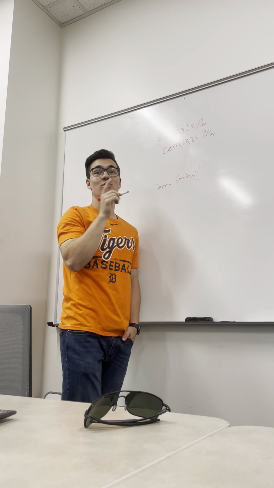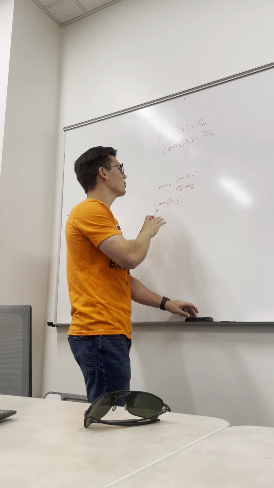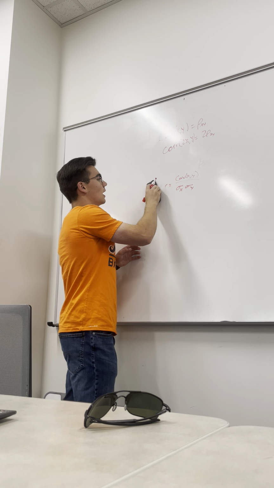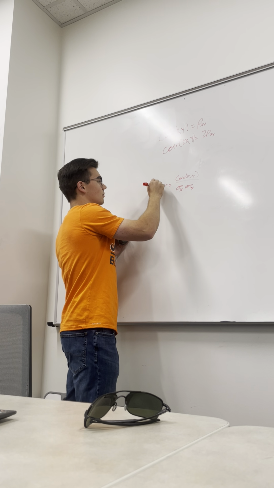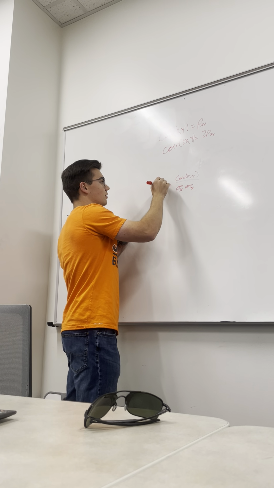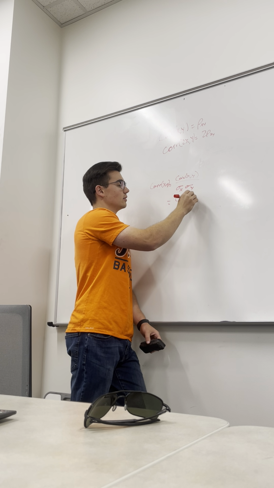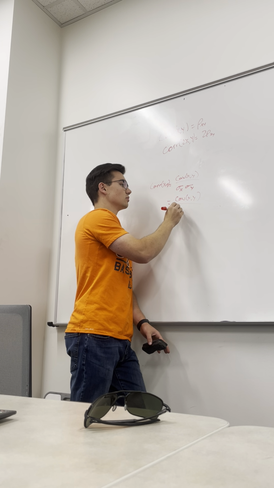If we want to look at the correlation of 2x and y, first I'm going to rewrite this slightly to be the covariance of x and y over the square root of the variances.